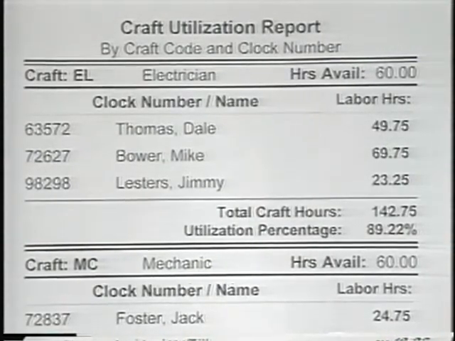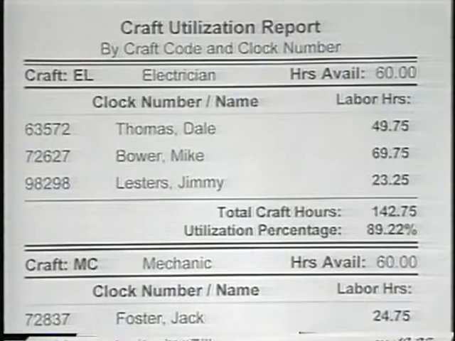Now, if you want the detail of how those labor hours were accumulated, you would have to go into each individual work order and extract the times for preparation, the travel times to and from, and the actual work time. So in this case, we have utilized a total of 142.75 hours.